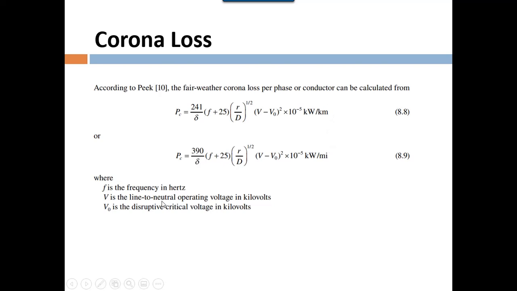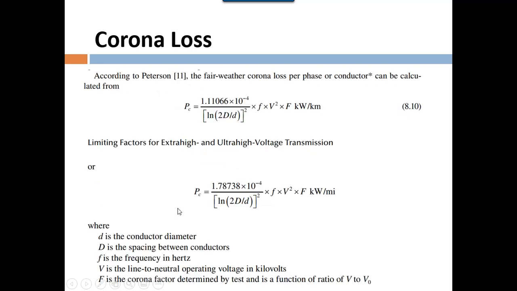F is the frequency, V is the line to neutral voltage, and V naught is the disruptive critical voltage in kilovolts. Now, according to Peterson, another researcher, the fair weather corona loss per phase of the conductor can be calculated with another formula: 1.11066 into 10 to the power minus 4 divided by natural log of 2D by d, into f into V squared into F. This is the formula for extra high or ultra high voltage.